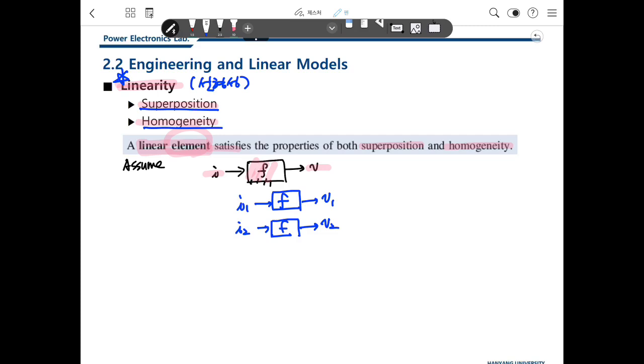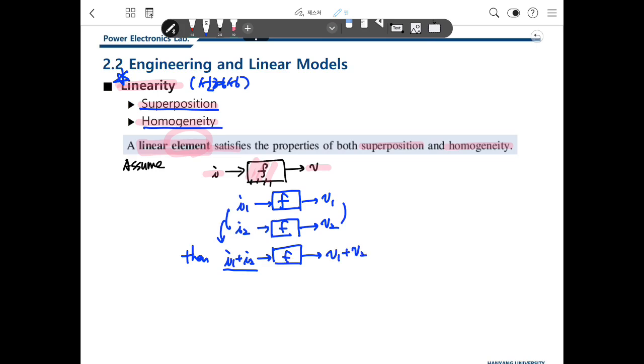We know about that. Then if we insert the sum of I1 and I2 to F, we check the output, it's V1 plus V2.